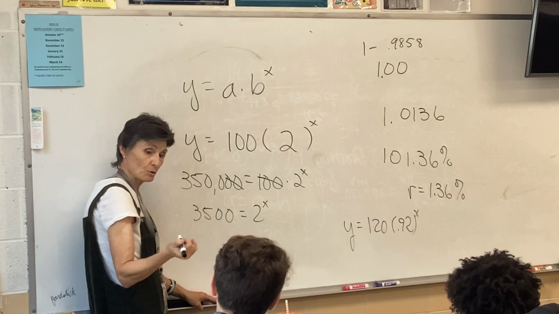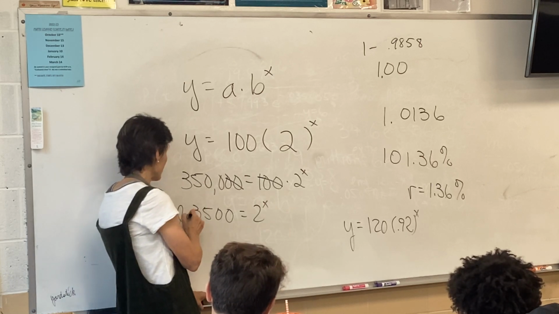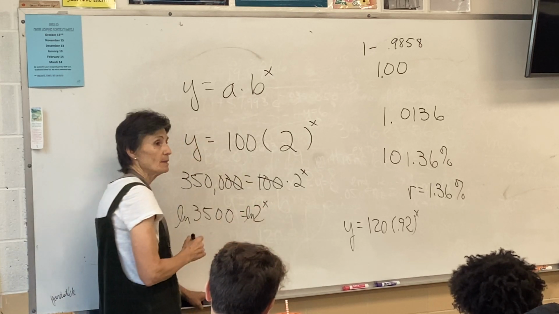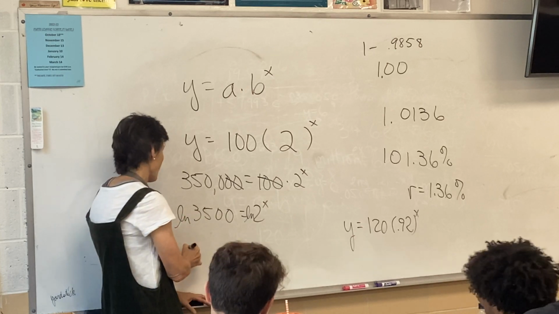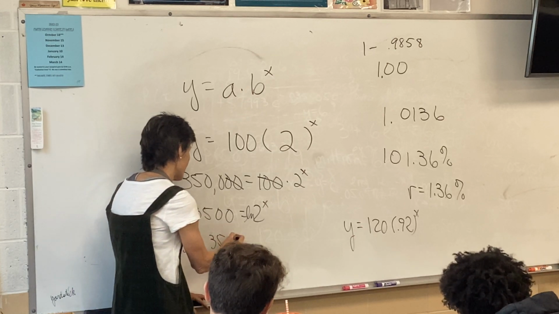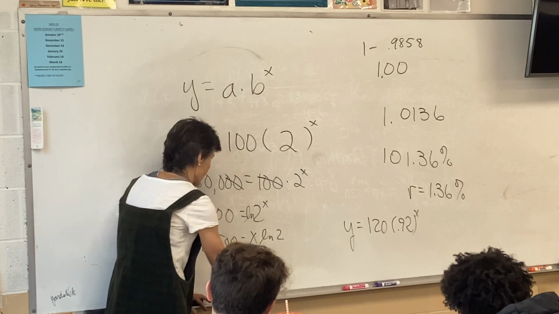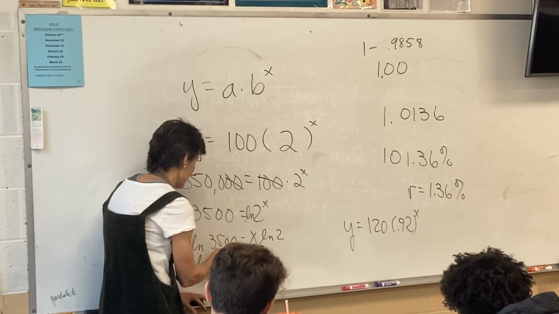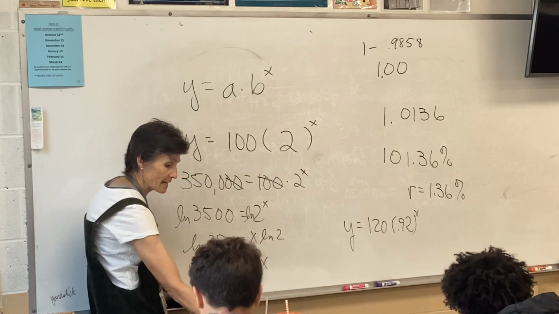Now, did you already do it? Okay, just to show you it doesn't matter, I'm going to ln both sides. Now, I would normally use log, but I just want you to know it doesn't matter. So I'm going to get ln 3,500 equals x ln 2. So I'm going to divide this by ln 2, and I'm going to do exactly what you got.